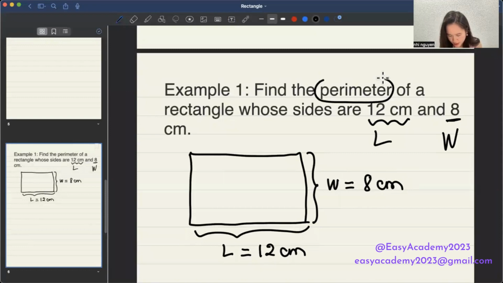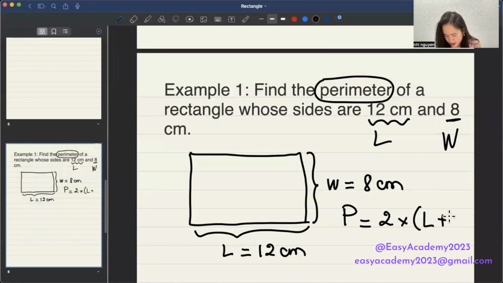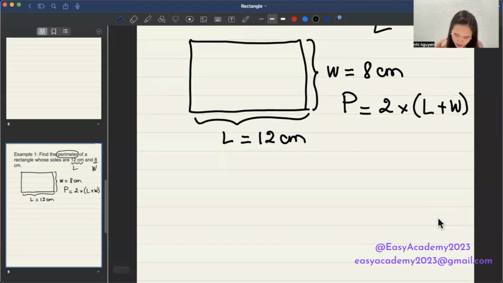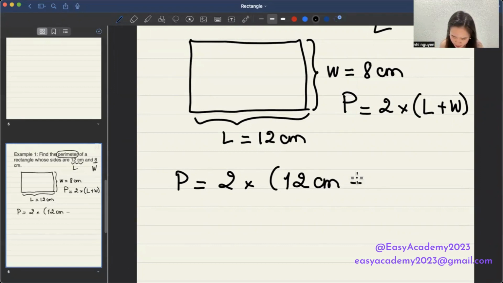We're finding perimeter. So P of rectangle is equal to 2 times length plus width. So P is going to be 2 times 12 centimeter plus 8 centimeter.